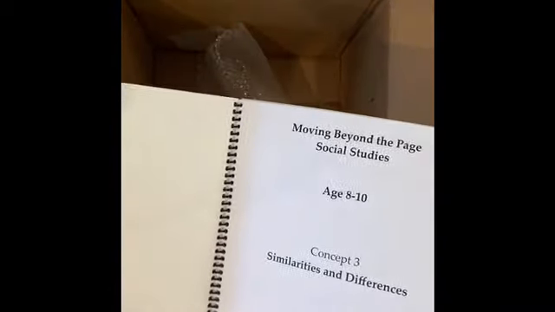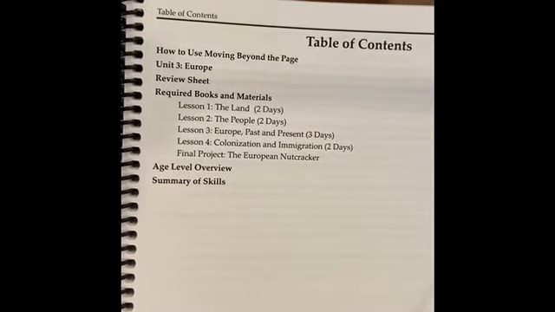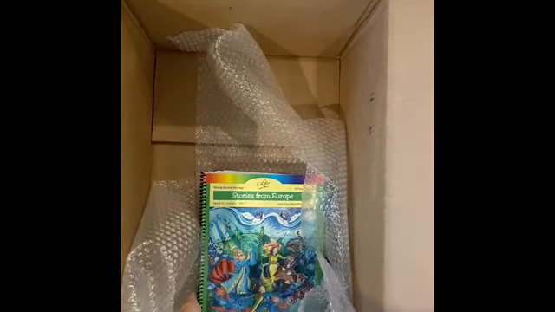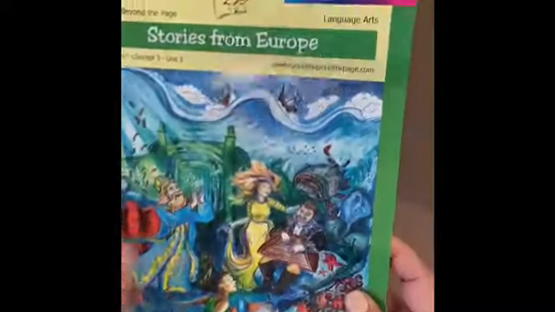Let's see if I can just find an overview of what's covered here. Okay, so this is the overview of what's covered in the Europe unit. And each subtopic has its own final project, which is kind of cool. And then stories from units.